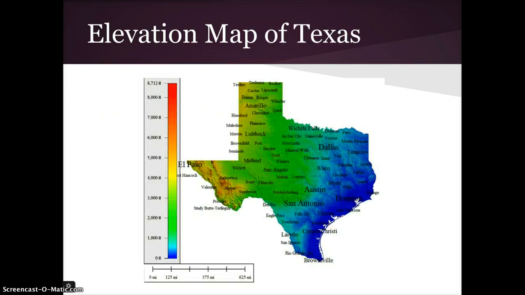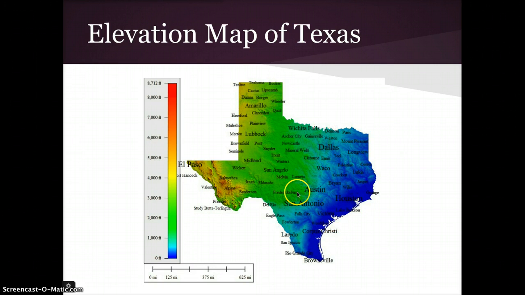Here's an elevation map of Texas, and this one is even a little more different. This one is shown by color. So here is 0, and of course that's going to be down here by the ocean because in here would be the Gulf of Mexico. And so 0 to about 1,000 feet is going to be from here about in this area, which would encompass Dallas. So we're about 1,000 feet above sea level.